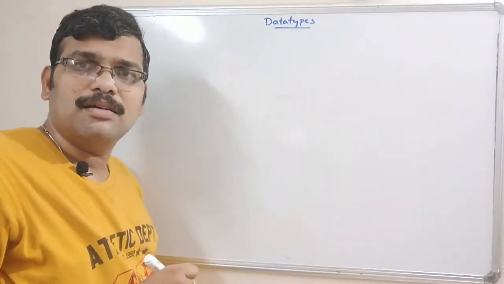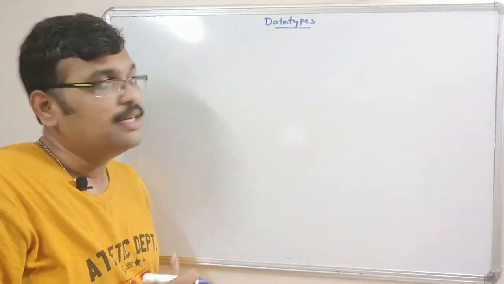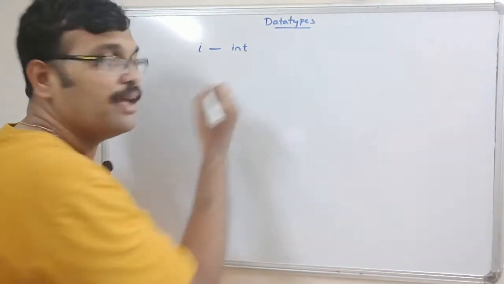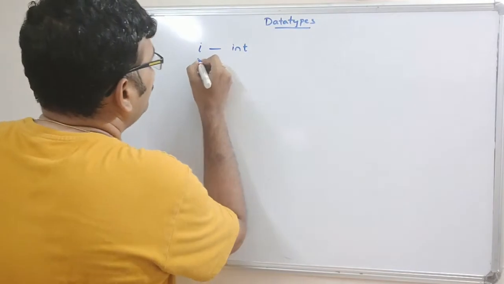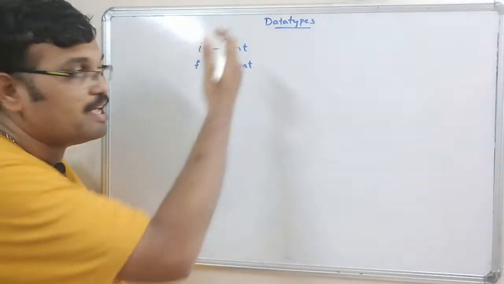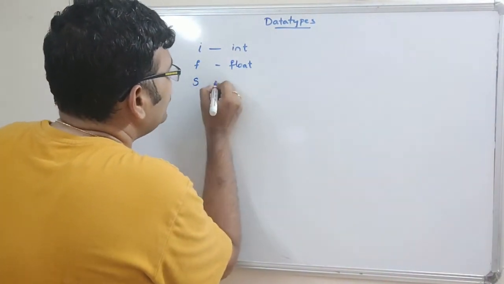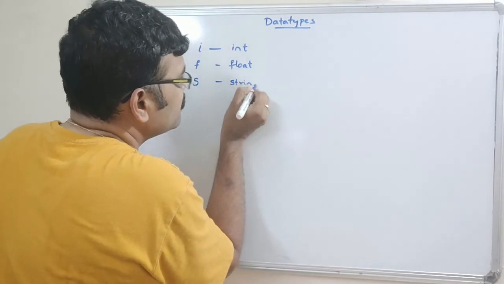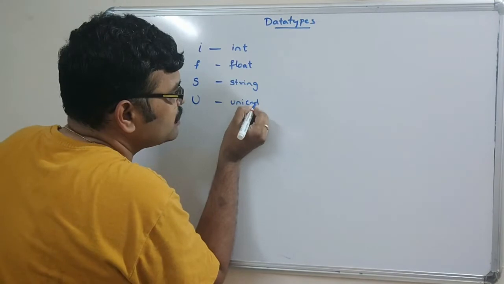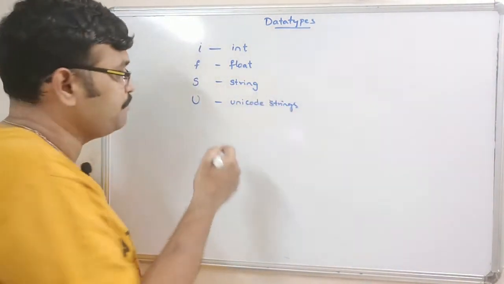So in Numpy, the array can have different data types of elements, right? In that, we'll represent i as an integer array. Similarly, f will be the float, an array of float elements, s for string, and capital U for Unicode strings, which will occupy multiple bytes.